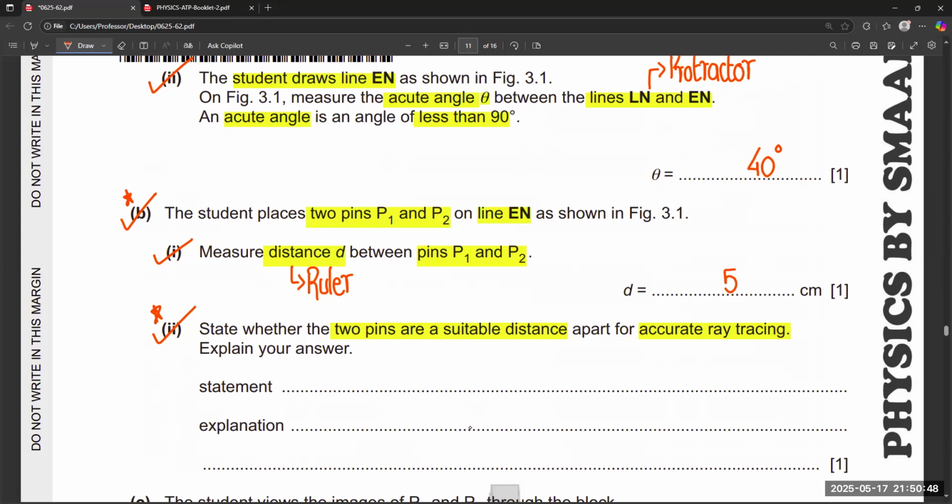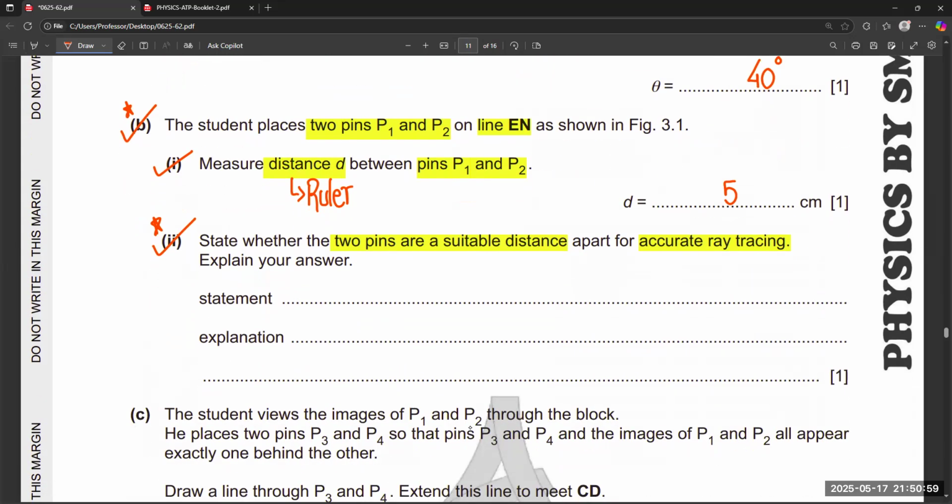And in the ATP short notes that I shared in the group, on the second last page of that PDF file, you will find all the suitable suggestions and precautions related to the experiments of pins, right?